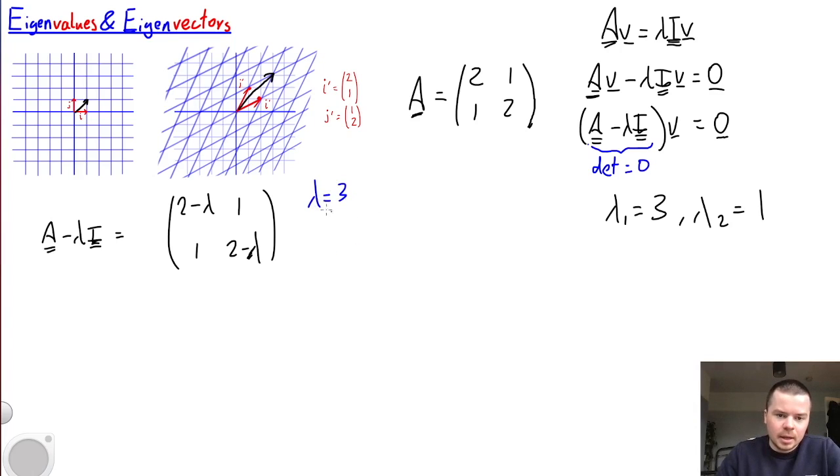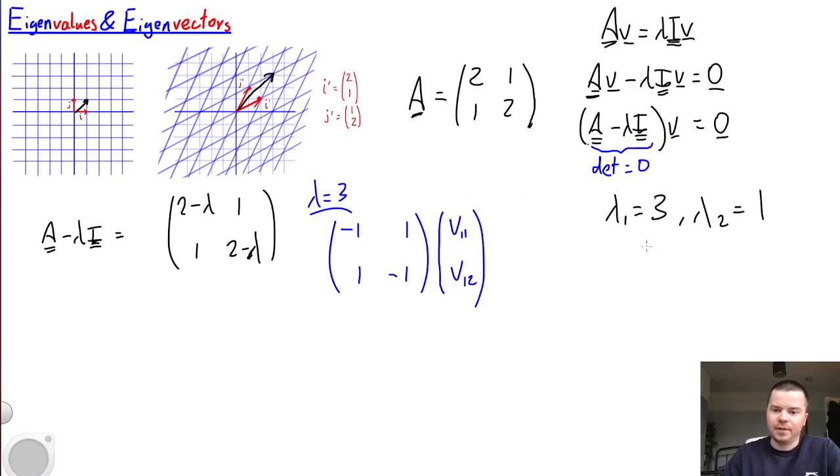So what this looks like in this case is going to be 2 minus 3. So we're going to have a matrix of -1, 1, 1, and then -1 again. Now, if we multiply this with some vector, we'll call this vector v11 and v12. So these are the components of our first eigenvector that we're looking for here.